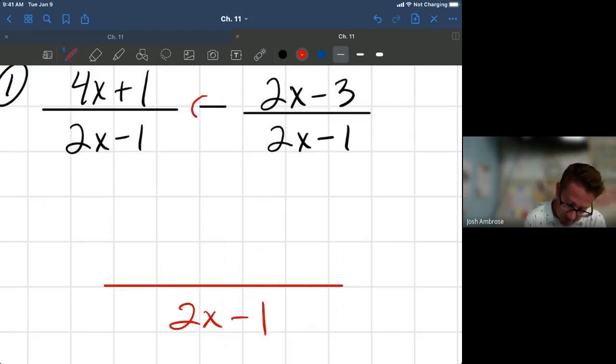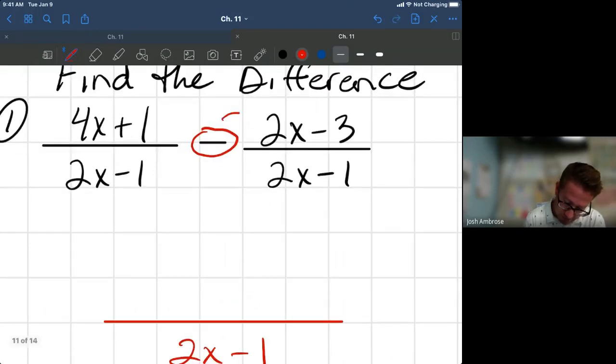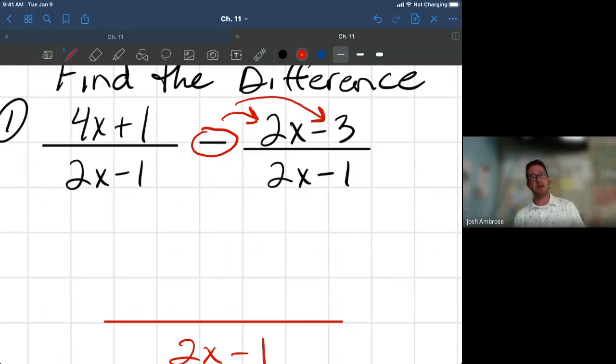But this negative sign, I have to distribute to both of these guys in here, right? When you have a negative, you have to put it with both terms or all terms to the right. So that's going to make this 2 become a negative. It's going to make that 3 become a positive.